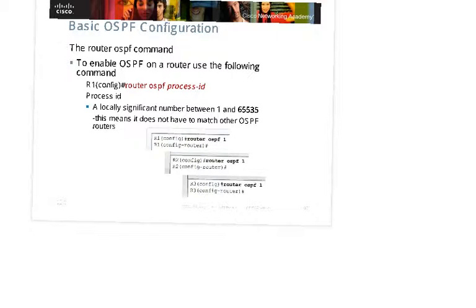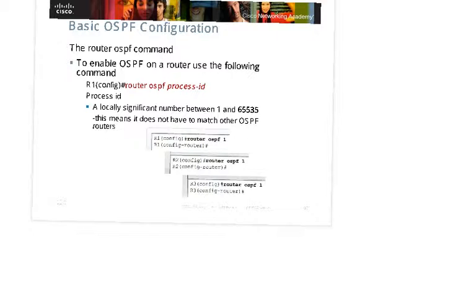For EIGRP, it does mean something globally. The autonomous system number means something globally, because if two routers are running EIGRP with different autonomous system numbers, these are not neighbors. But here, the number is locally significant. It doesn't mean anything globally.